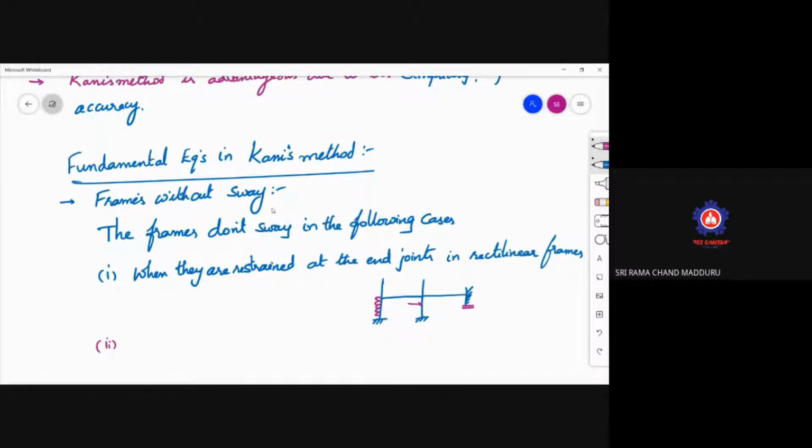To simplify, we'll give it in one sentence: symmetrical frames subjected to symmetrical loading will also give non-sway structures only.